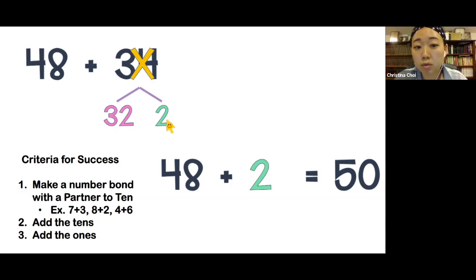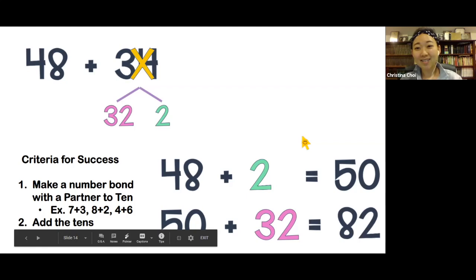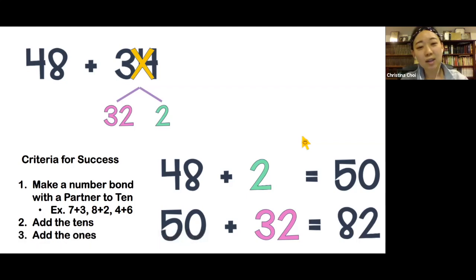So because we already used the 2, we don't need to worry about it. We have to remember the 32. So 50 plus 32 is 5 and 3 make 8, 0 and 2 make 2. So we have 82.